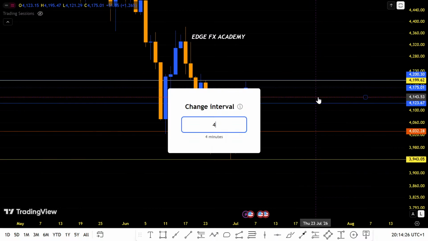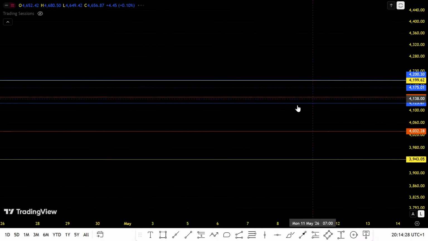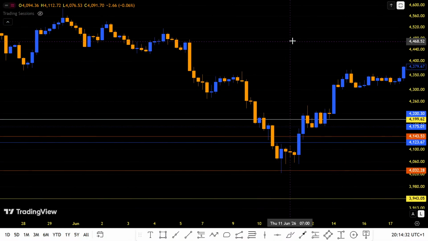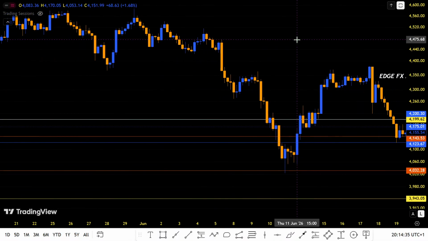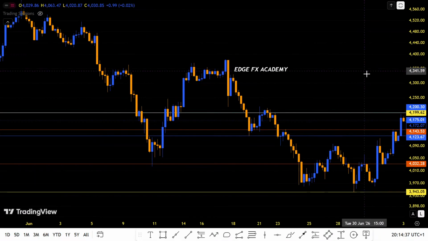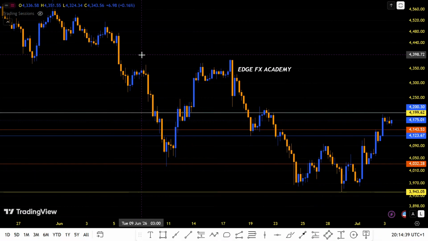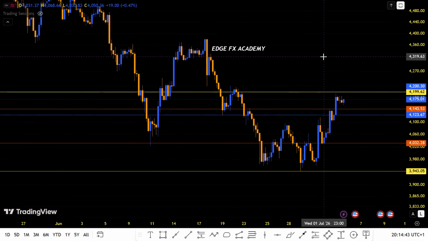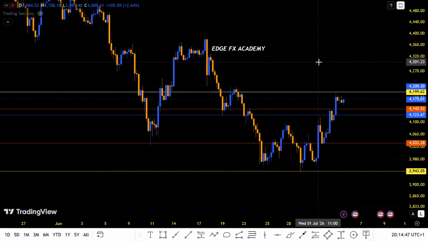So thereafter, I go to a 4 hours time frame. This is the 4 hours time frame. On the 4 hours, I don't need to go far back historically to look at what happened maybe last month, last 2 months, or even last 20 weeks.